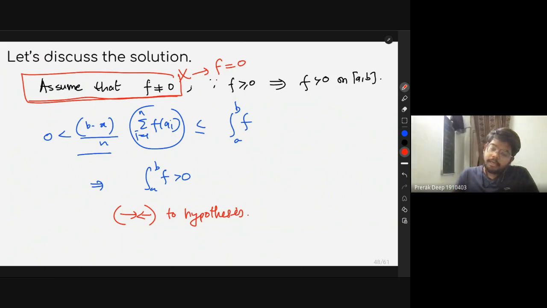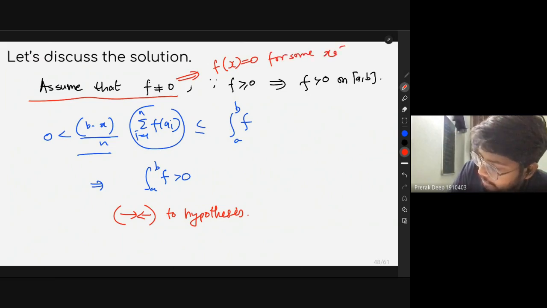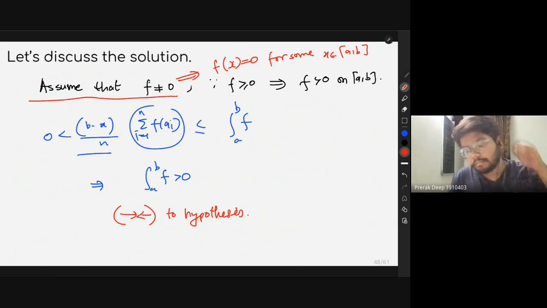Yeah. So basically, I just realized that this implies that f(x) has to be zero for some point x in the interval. It doesn't say that f has to be zero on the complete domain.